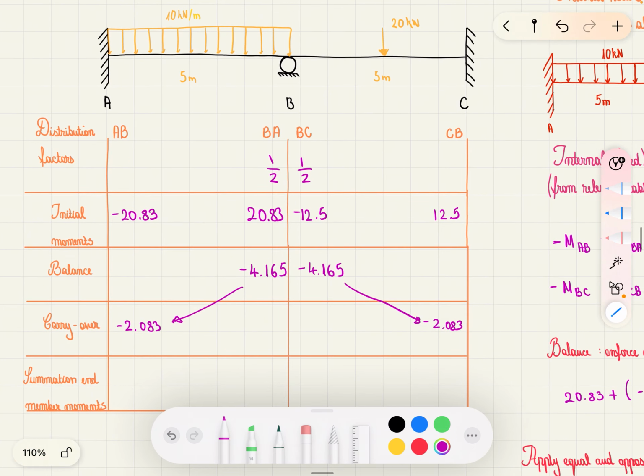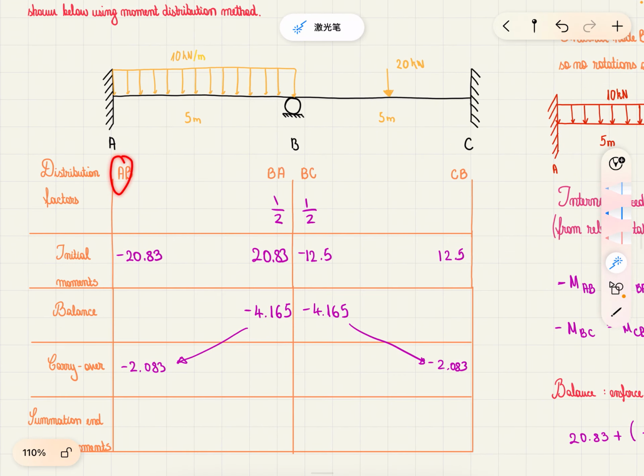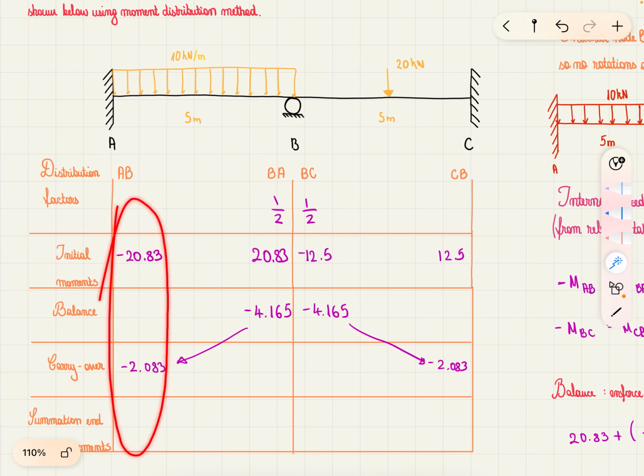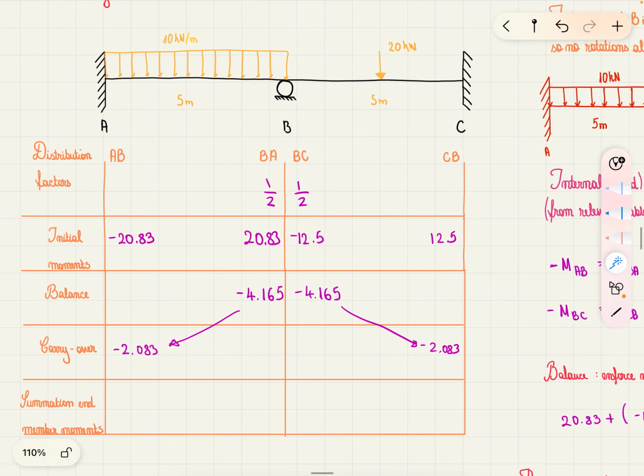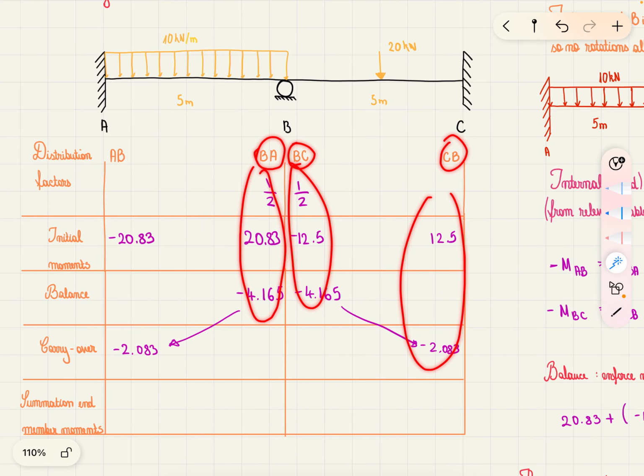Now, final step, summation of end member moments. To find the end member moment at AB, we add up the initial moment and the carryover moment. So anything in this column, to find the moment at MBA, you add up these, and same thing across all of them.